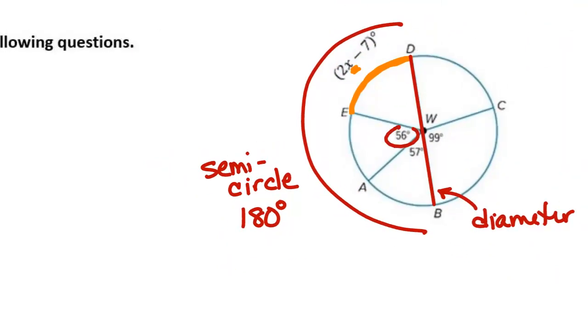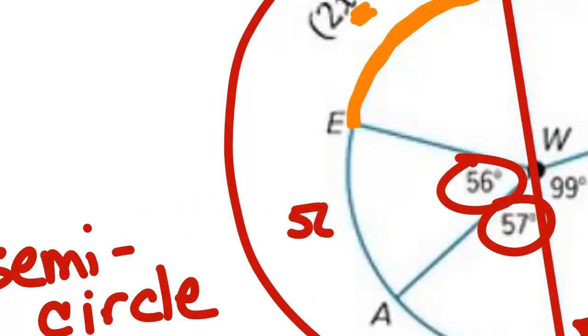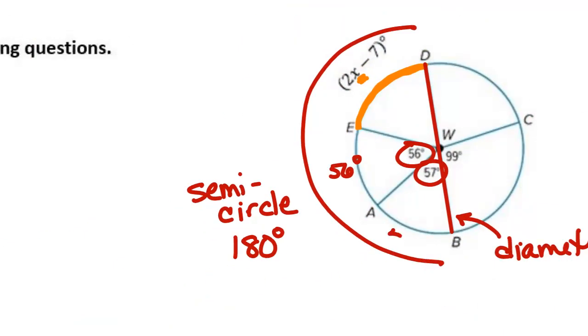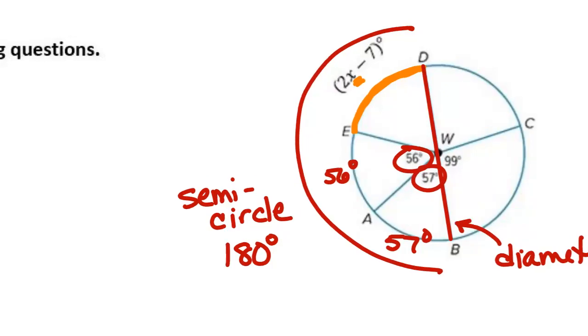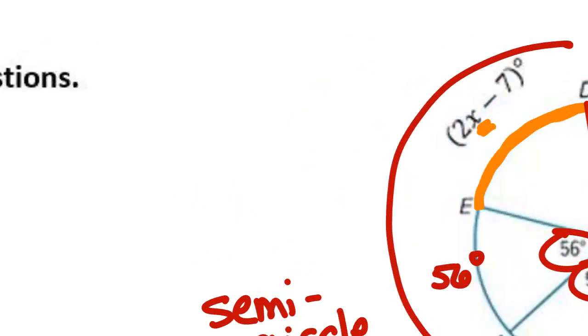Well, I know how big this arc is. It's 56, and this one here is 57. So how could I figure out the size of this arc? Add those two smaller ones and minus it from 180 because I have a semicircle.